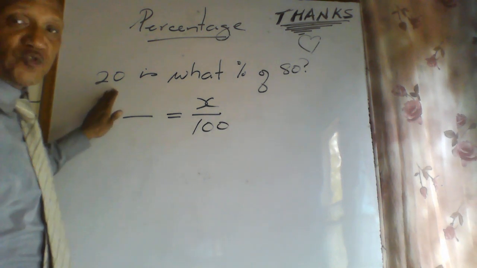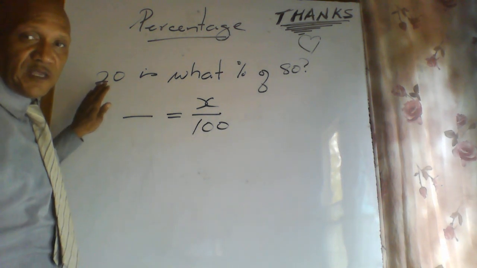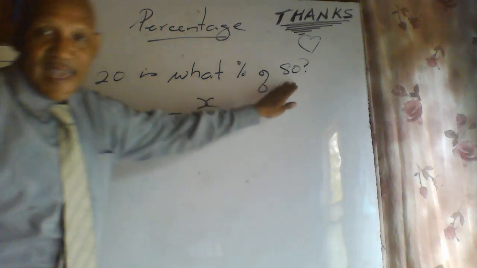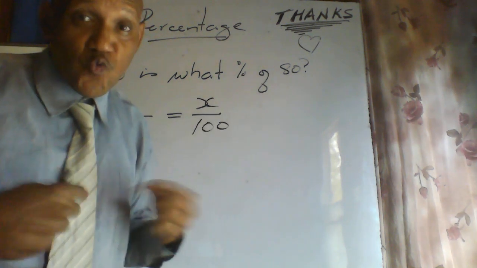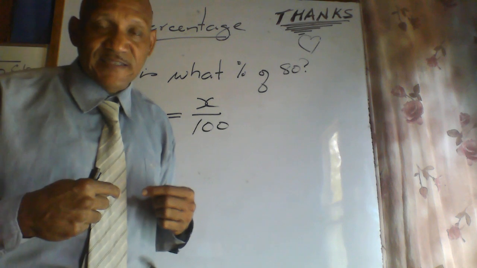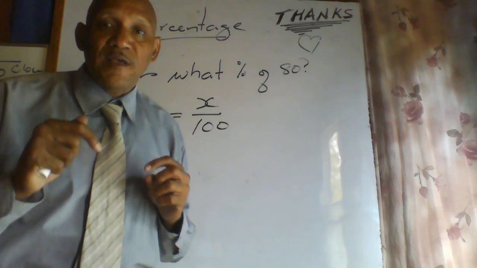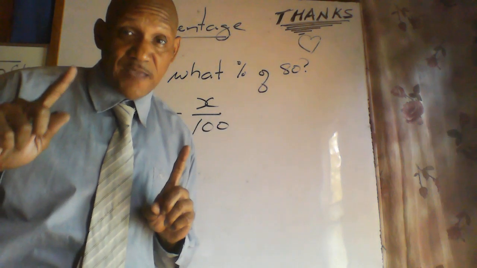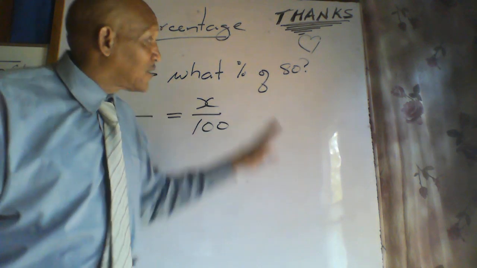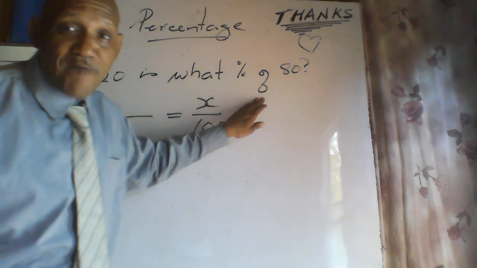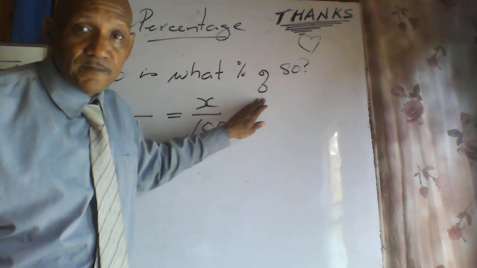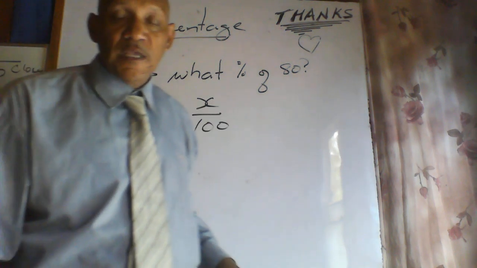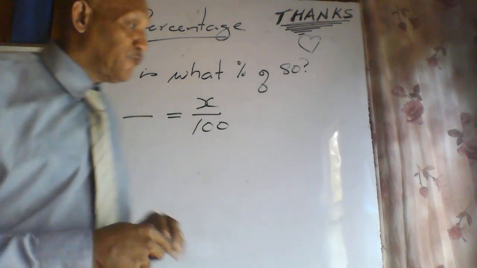And then we have two other numbers in the equation, 20 and 80. My rule is, 95% of the time, the number that comes after the word of is the whole.